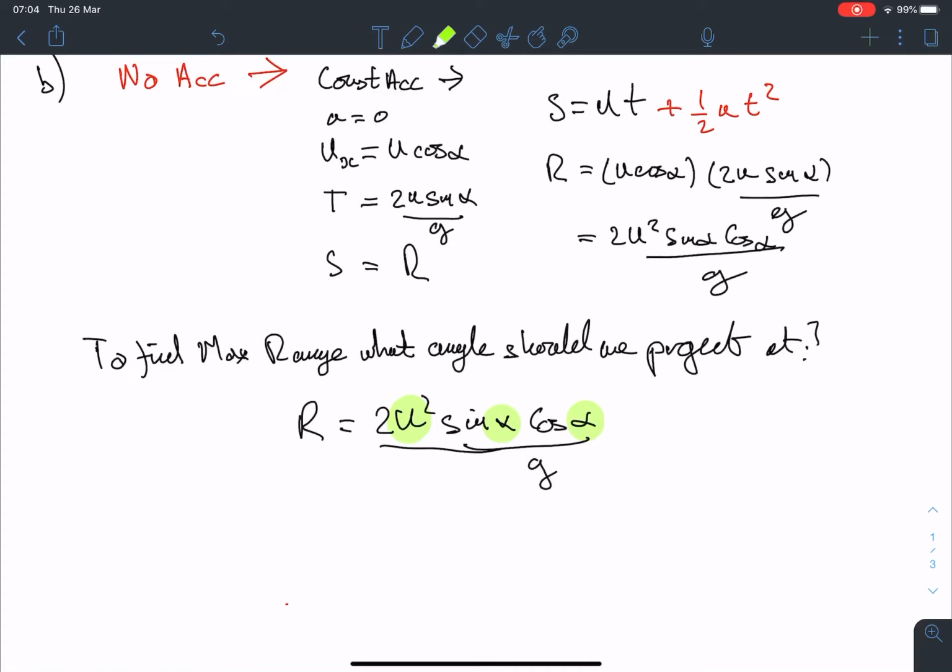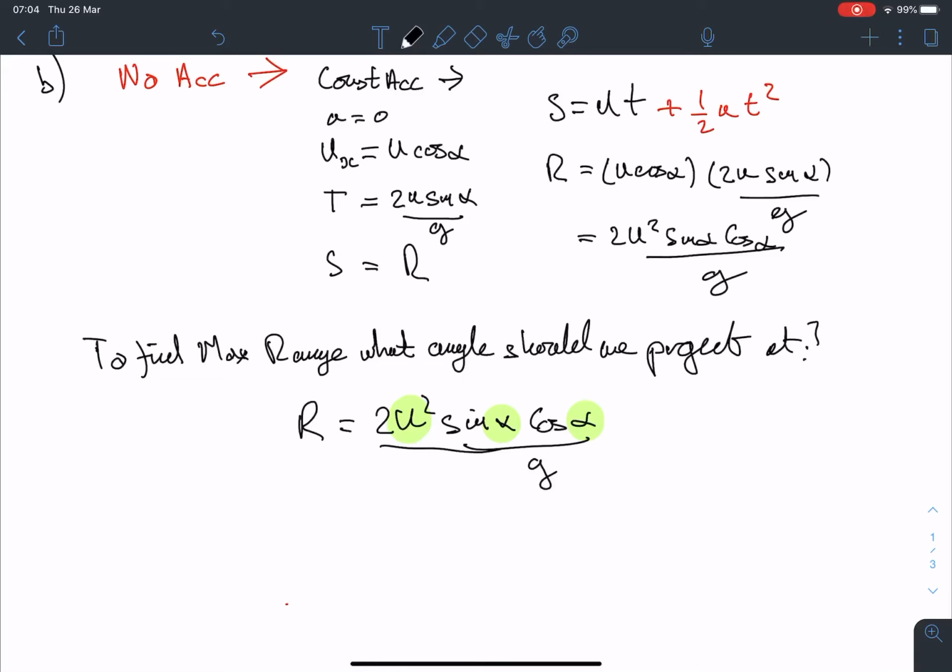And if cos alpha is 0, the range is 0. If we threw it horizontally, so alpha was 0, sine alpha is 0. So again, the range would be 0. So somewhere in between the two, there's going to be a better angle. Intuitively, you're probably guessing something. Now let's see if you're right, really.